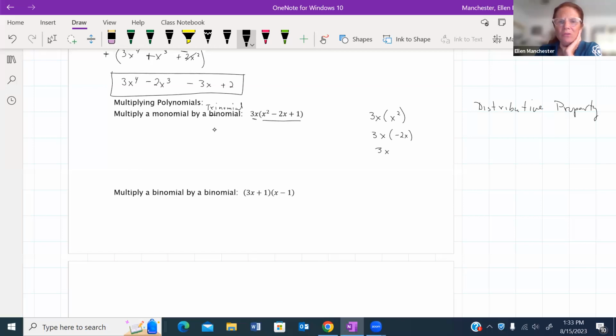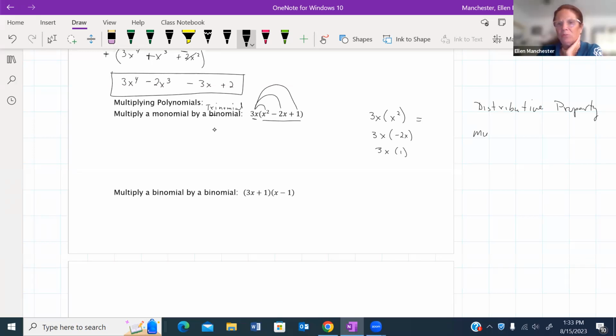So I'm taking the 3x and multiplying it by the x squared, by the negative 2x, and by the 1. When we are multiplying with exponents, and we'll talk more about exponent rules, you add the exponents.